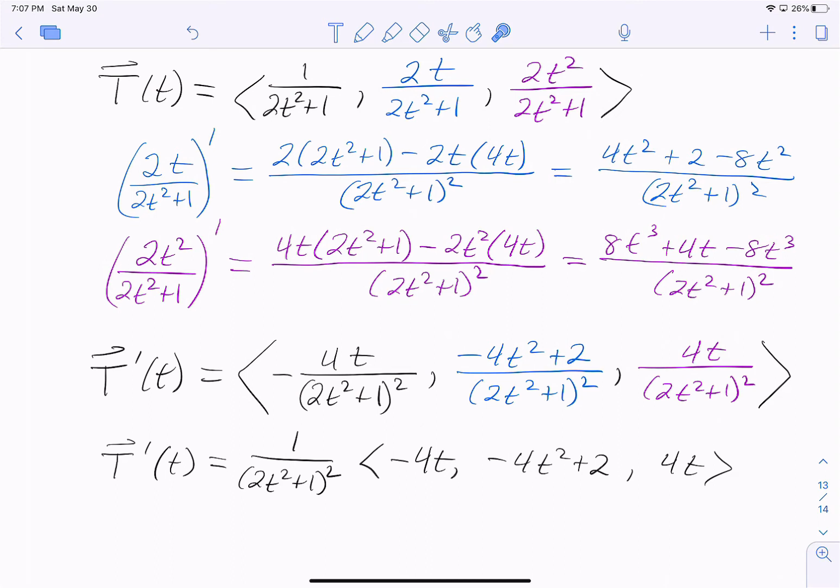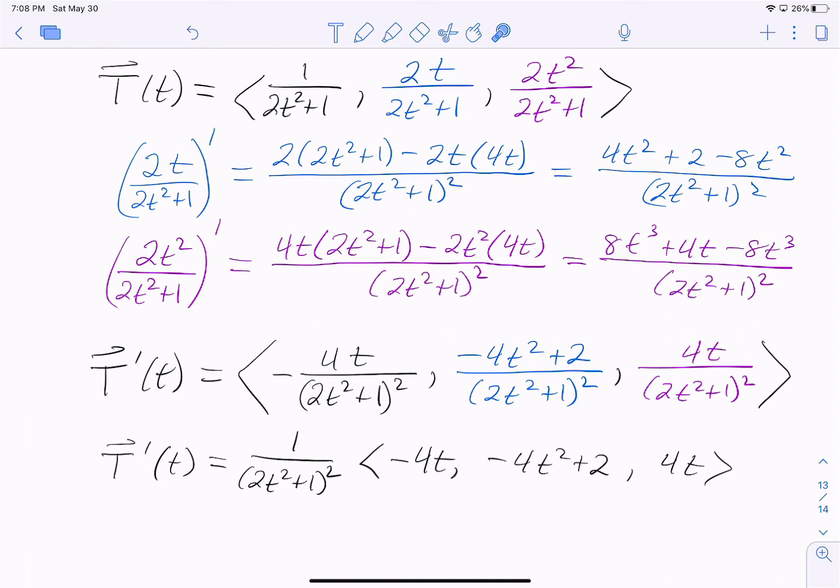After applying the quotient rule and simplifying, we end up with negative 4t squared plus 2 divided by the quantity of 2t squared plus 1 squared. We likewise need the quotient rule for the k component, 2t squared over 2t squared plus 1. And after applying the quotient rule and simplifying, we get 4t divided by the quantity of 2t squared plus 1 squared.